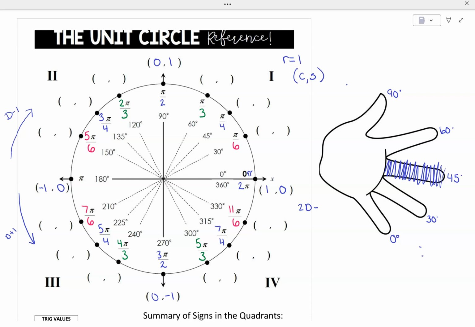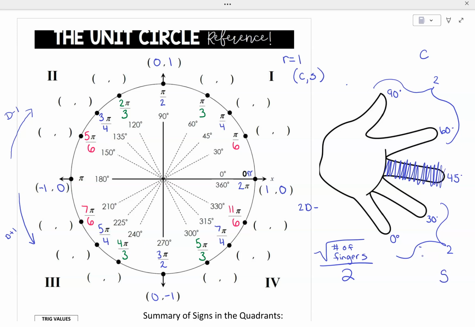So this means that you have 2 fingers here and 2 fingers here, okay? So remember, it's the square root of the number of fingers divided by 2. What's left on this side is cosine, what's left on this side is sine.